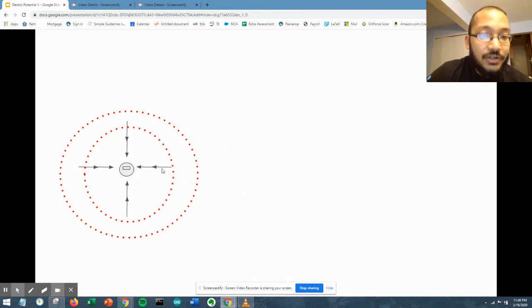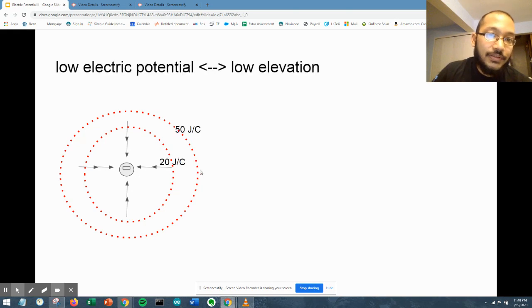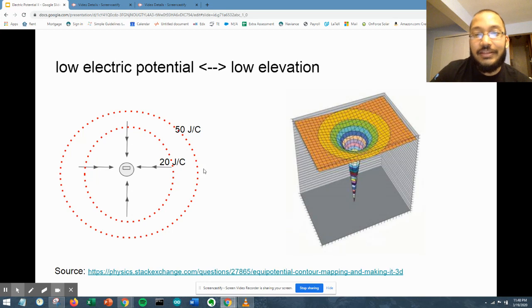A positive charge here would have less energy than if there's a positive charge here, because there's a shorter distance for it to accelerate over. So this is low electric potential. This is higher electric potential. And so if we associate low electric potential with lower elevation, then what does this look like? It looks like a sinkhole almost, this bottomless pit.